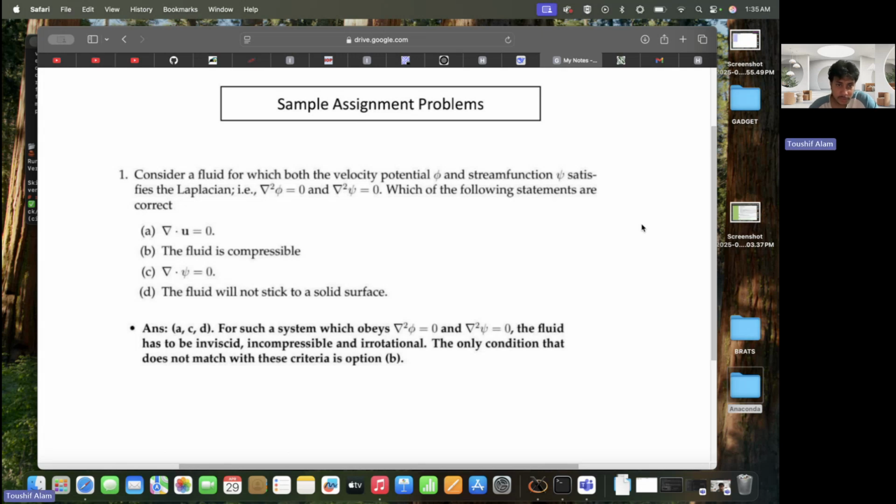So this is very simple, right? I have given the answer so that you can check with yours. The fluid has to be inviscid, incompressible and irrotational.